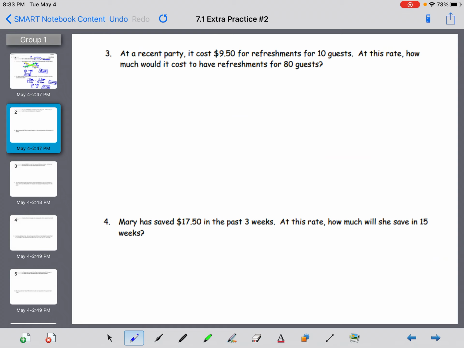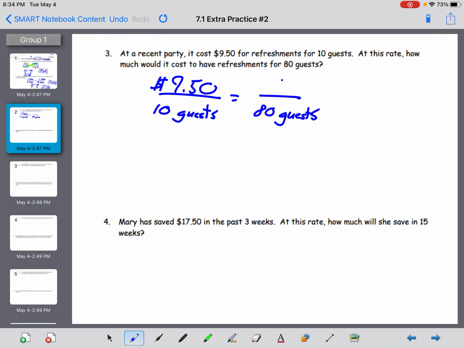Okay, at a recent party, it cost $9.50 for refreshments for 10 guests. At this rate, how much would it cost to have refreshments for 80 guests? Well, 10 times x is 10x. 950 times 80.